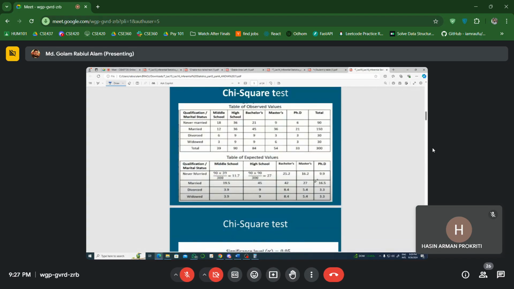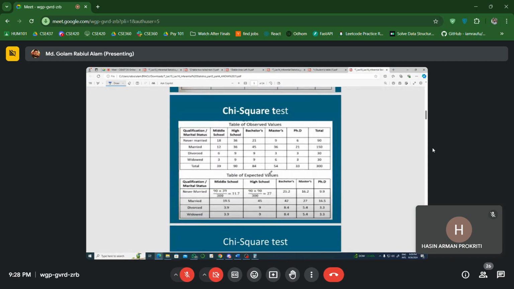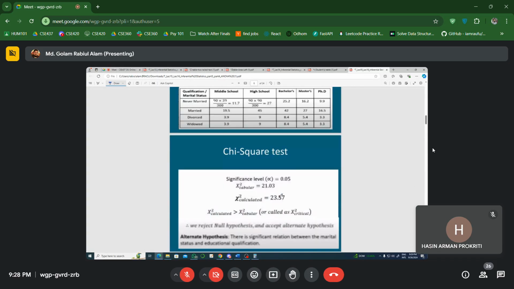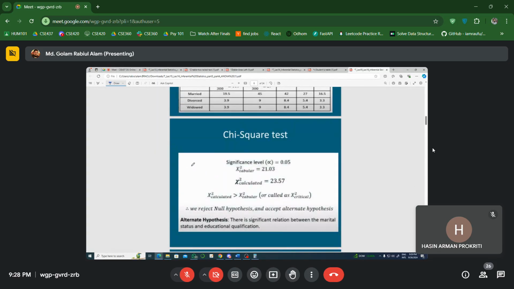Then if we consider these expected values, we can apply our equation, the chi-square. It is the summation of observation minus expectation, squared, divided by expectation.